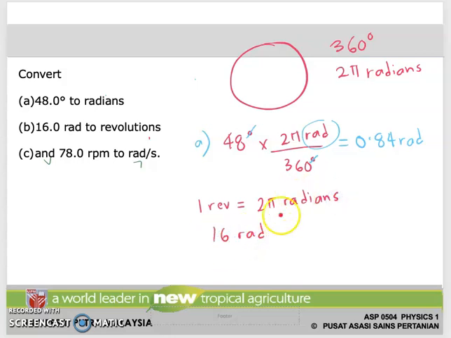We want to get rid of radians, so radians should be the denominator, 2 pi radians, and 1 revolution should be on top because we want the revolution. So radian cancels out with radian. This will give me an answer of 2.55 revolutions. I can write revolution as REV. That is B.